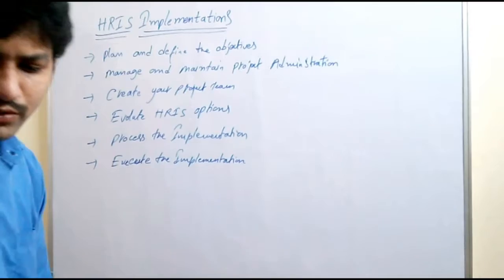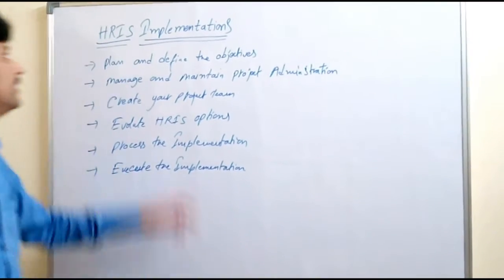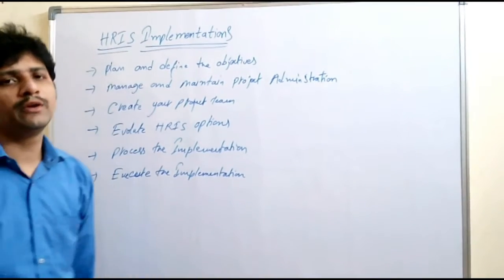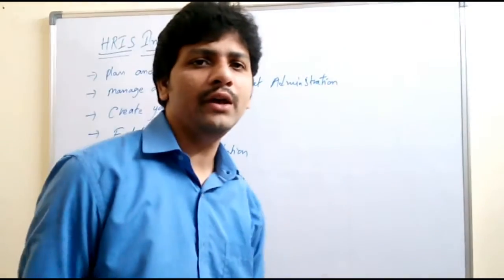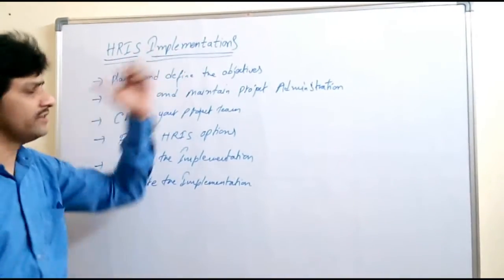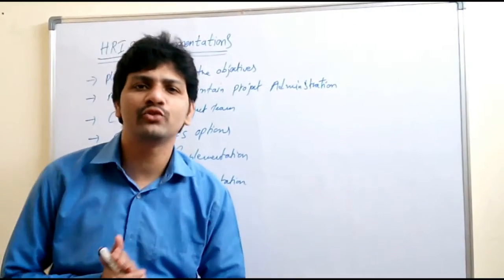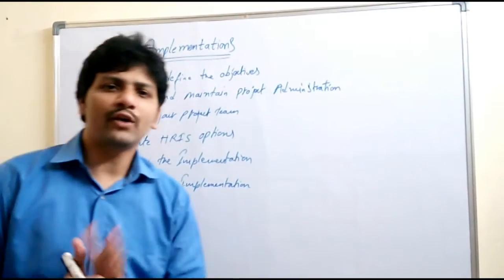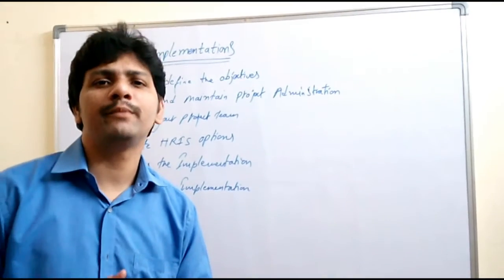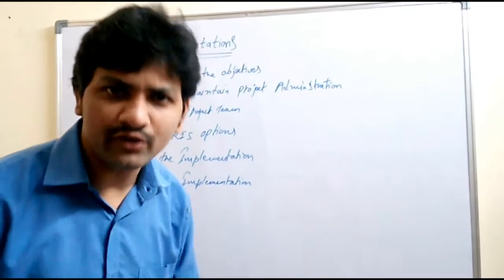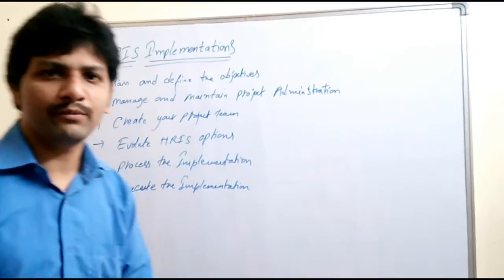HRIS means Human Resource Information System. This HRIS implementation relates to what we already understood in the previous class, the SDLC, the software development life cycle. So it is also a software development.